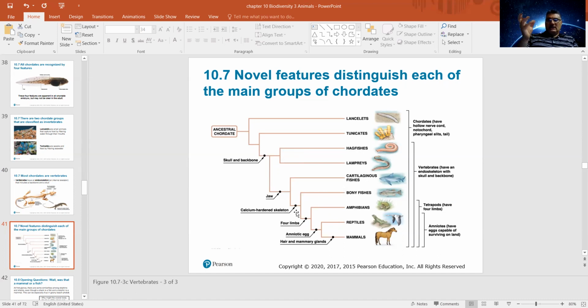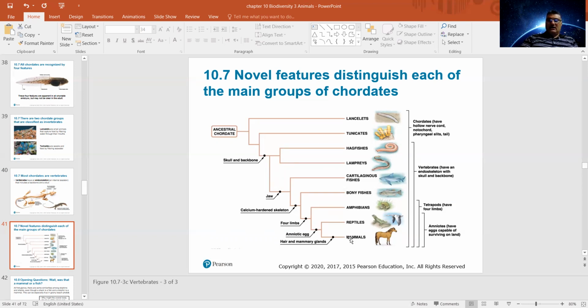The skeleton, instead of being cartilage, which is something like this, not that hard, if you add calcium to it, it's a calcium hardened skeleton, starting from the bony fishes, amphibians, reptiles, and mammals. And then they added another evolutionary adaptation, which is having four limbs, like amphibians, reptiles, and mammals. And then they started to have amniotic eggs, like reptiles and mammals only.